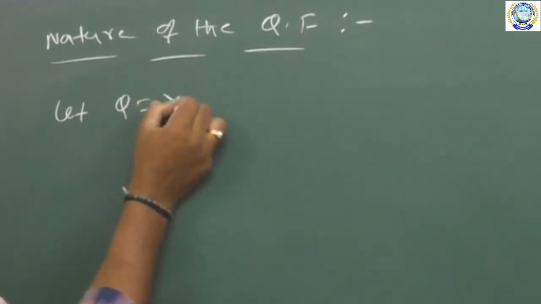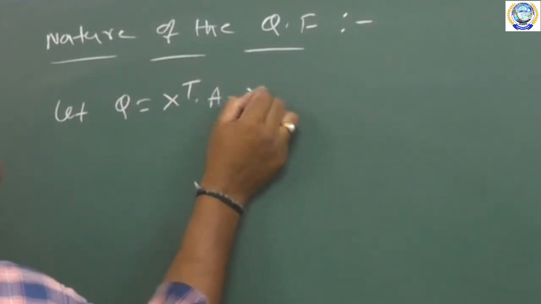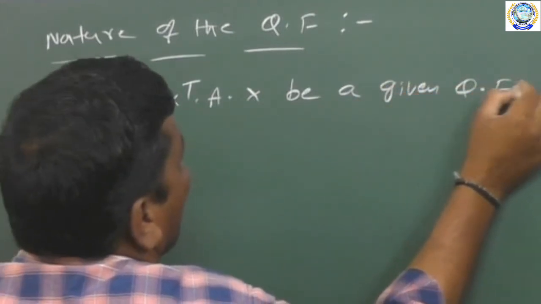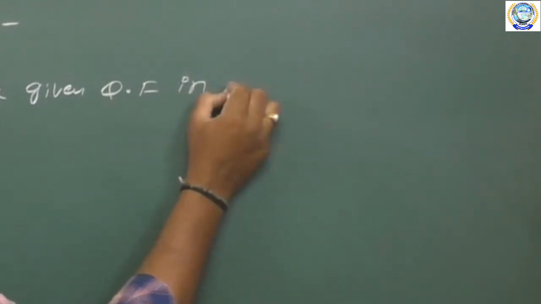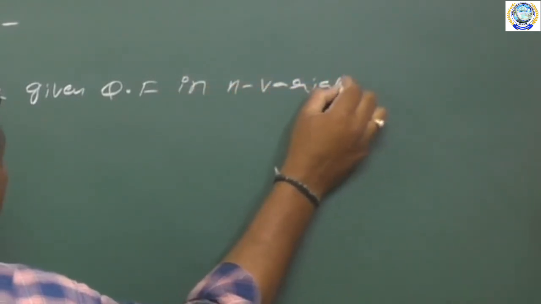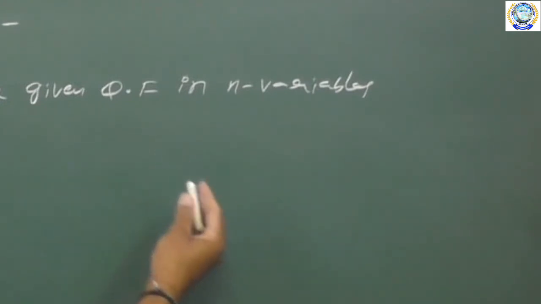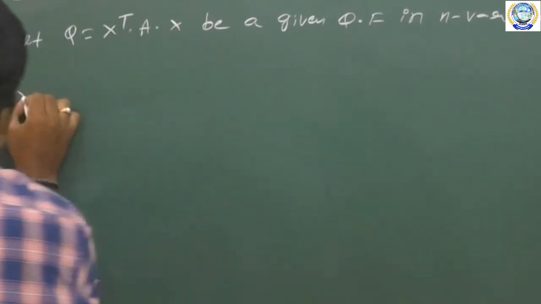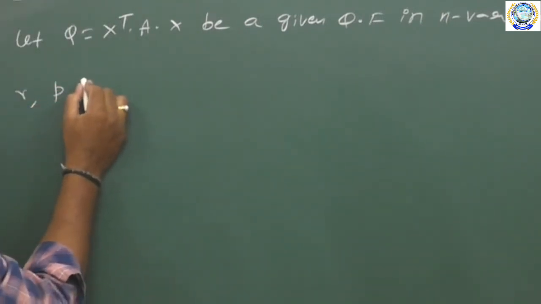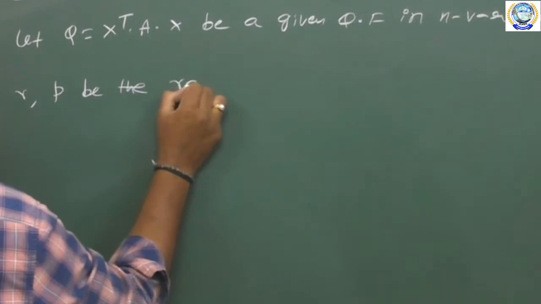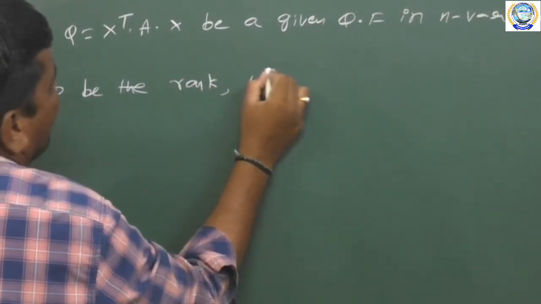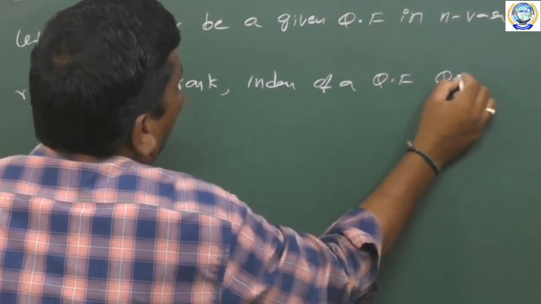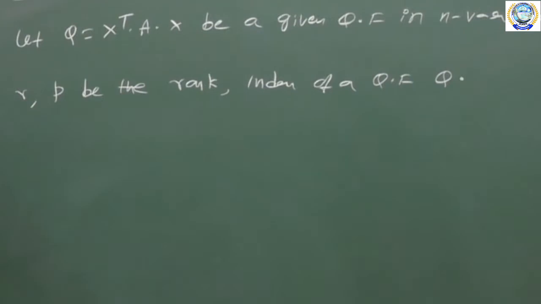Let Q equal to x transpose A x be a given quadratic form in n variables, and let r, p be the rank, index of a given quadratic form Q.